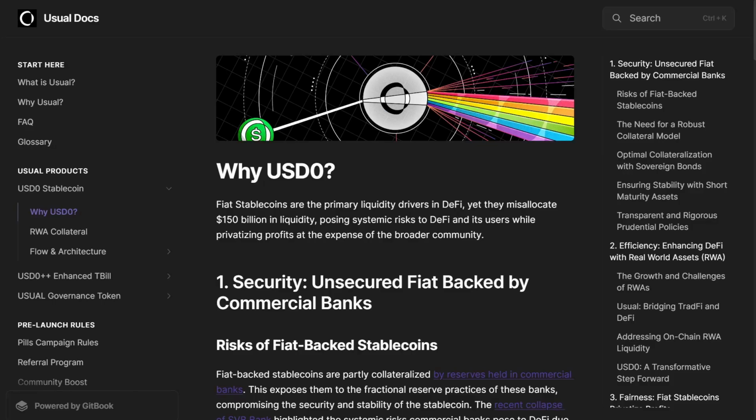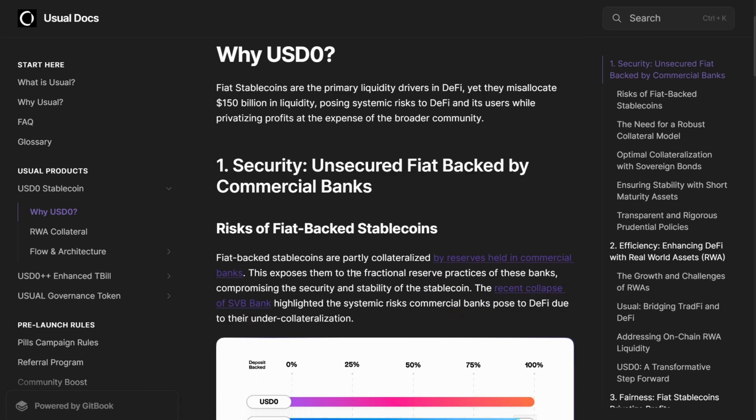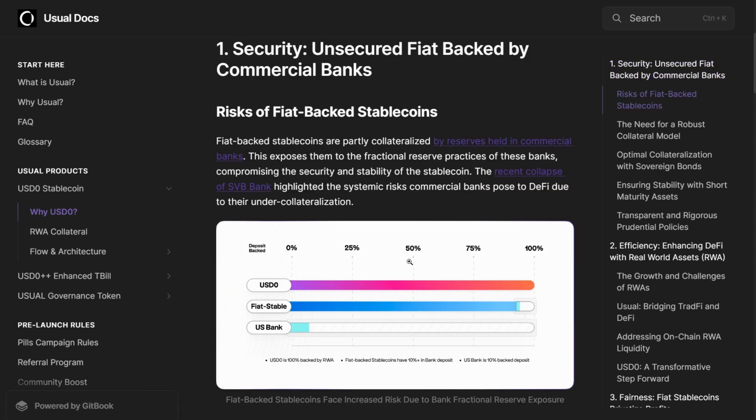Let's learn what USD0 and USD0++ are and what they are backed by. For instance, USDT is backed by US fiat dollars, which are held in bank accounts, at least ideally. According to the USD0 page, the company says that fiat-backed stablecoins are partly collateralized, but their token is fully collateralized.